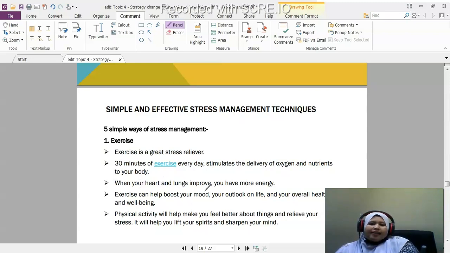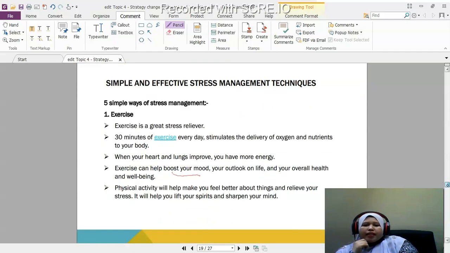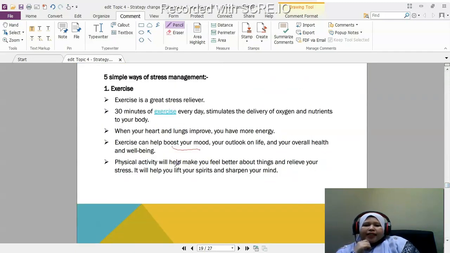When your heart and lungs improve, you have more energy. Exercise can help boost your mind, your mood, your outlook on life, and your overall health and well-being. Physical activity will help make you feel better about things and relieve your stress. It will help lift your spirit and sharpen your mind.